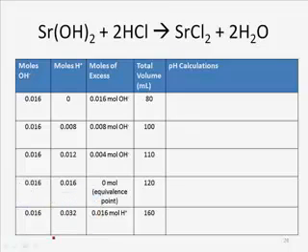Okay. So here I have a table, and I took the concentration of the strontium hydroxide, and then times 2 would give me my hydroxide. So these are moles of hydroxide. That's going to stay the same. Here's the moles of the H+, which is going to be based on the intermediate values that I'm adding.